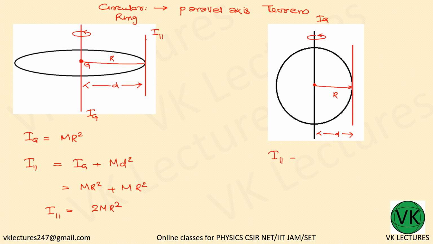I parallel equal to IG plus m d squared. And what is IG? IG for circular ring along the diameter is mr squared by 2 plus mr squared, and thus I parallel is equal to 3 by 2 times mr squared.